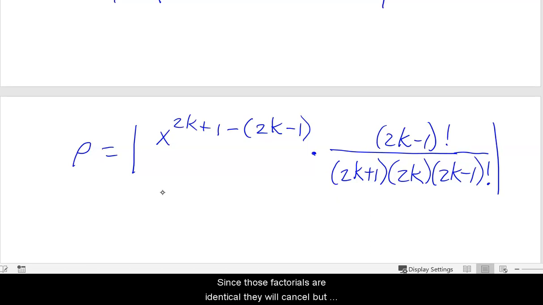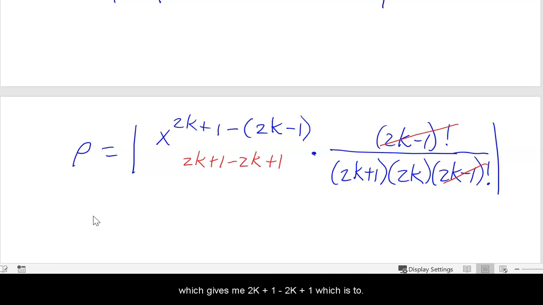Since those factorials are identical, they will cancel, but the 2k plus 1 binomial factor and the 2k are left behind. Again, if you've left enough room, you should be able to work out some of this arithmetic below or above, which gives me 2k plus 1 minus 2k plus 1, which is 2.